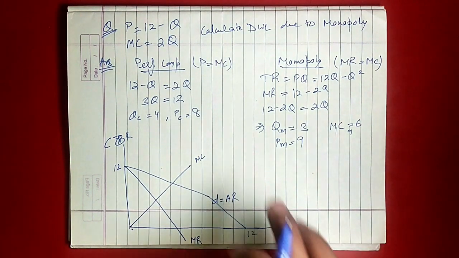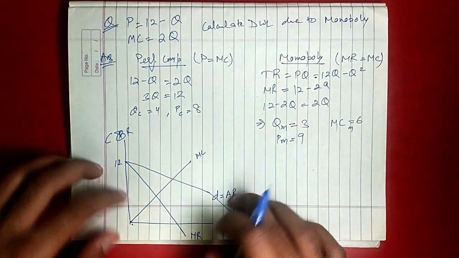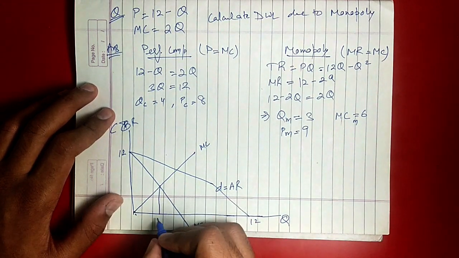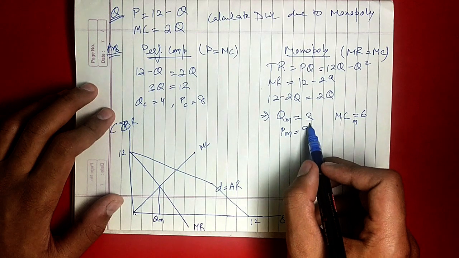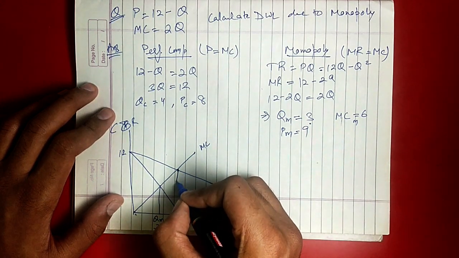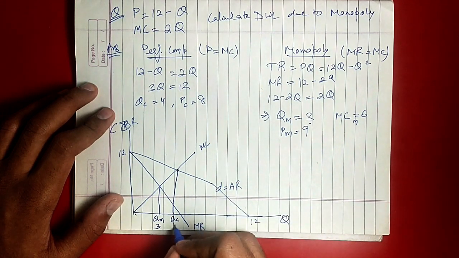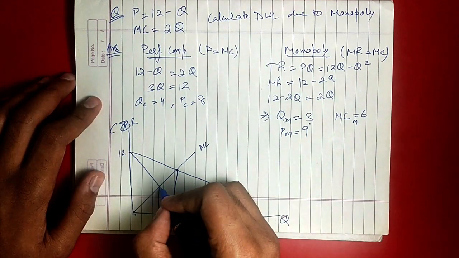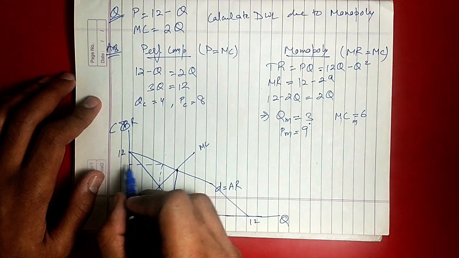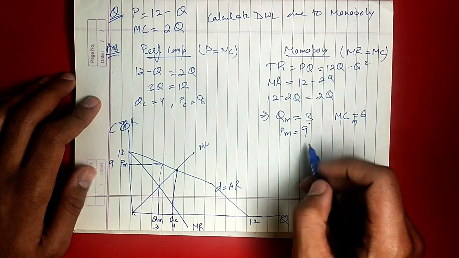Now we have to plot the data in this diagram. First we plot the monopoly output. This is QM which we calculated, which is 3, and this is QC when there is perfect competition, which is 4. If you extend it further, you will get PM, which is 9 as you have calculated here.